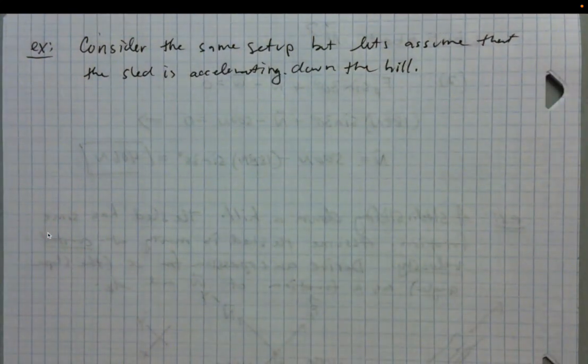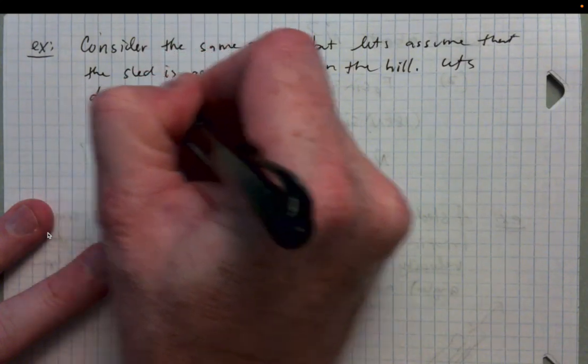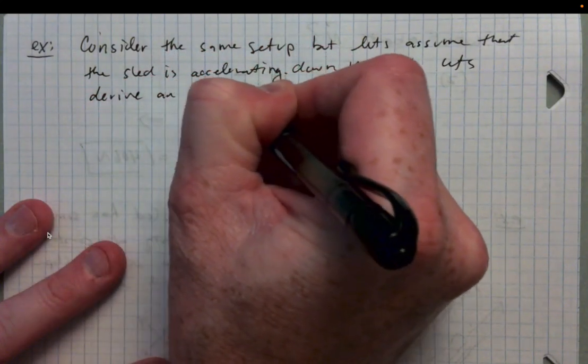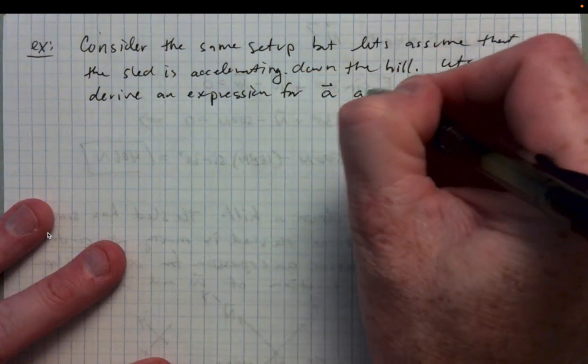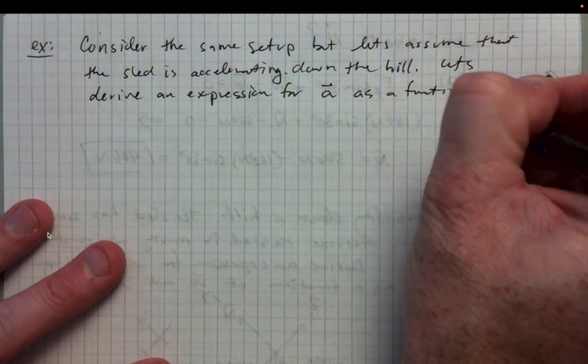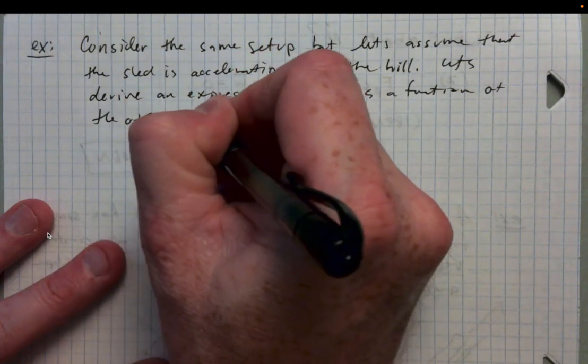In this case, let's try to derive an expression for the acceleration as a function of the other variables. Let's derive an expression for A as a function of the other variables.